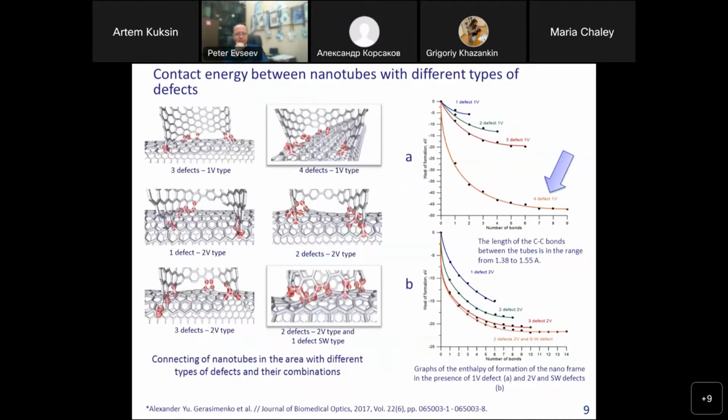We also carried out numerical simulations of the carbon bonds formation with different types of defects. From the enthalpy graphs, it's shown that the most profitable energy process is the formation of a nanotube framework with several combined defects. In this case, the largest number of chemical bonds between the tubes is formed, such a connection is thermodynamically more stable and mechanically strong.